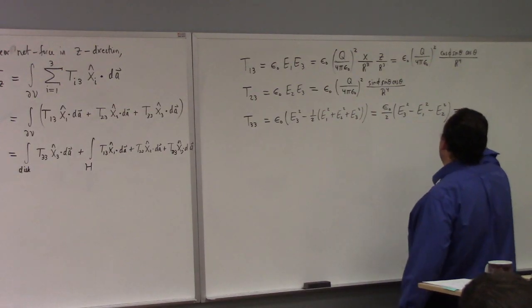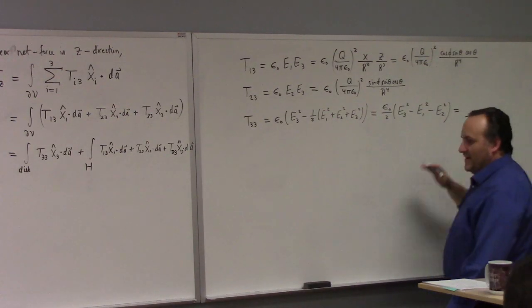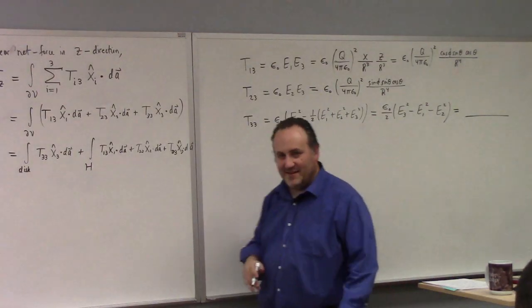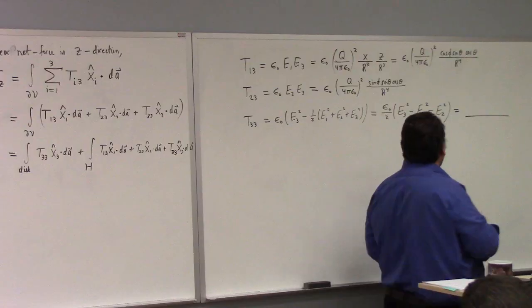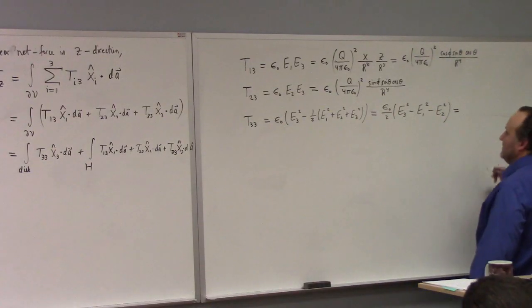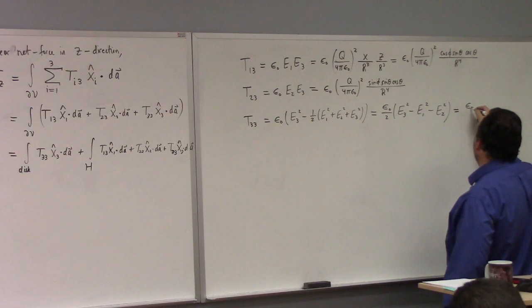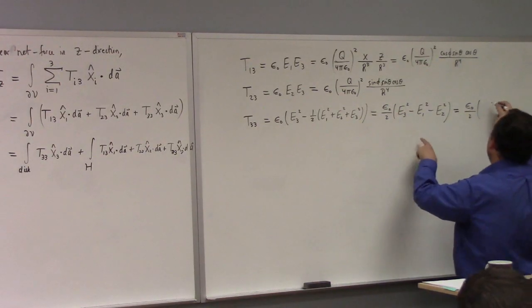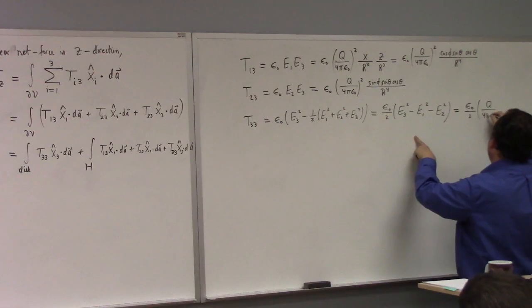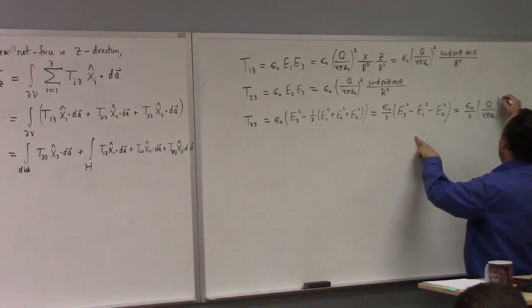Okay, whatever happens here. I guess we could work it out. Epsilon naught over 2, and all of these pick up my q over 4 pi epsilon naught squared.